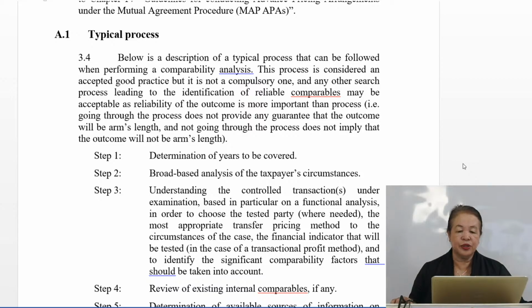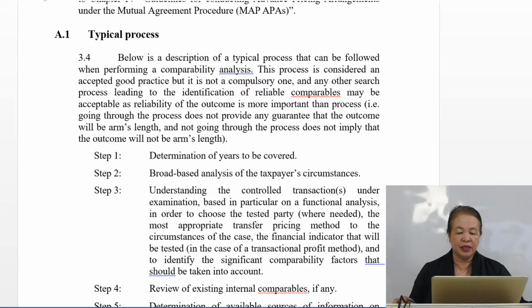So what are the processes in the comparability analysis, the typical process, no? Below is a description of a typical process that can be followed when performing a comparability analysis, no? So this process is considered an accepted good practice, but it is not a compulsory one, no? So suggested lang naman. And any other search process leading to the identification of reliable comparables may be acceptable, as reliability of the outcome, no?